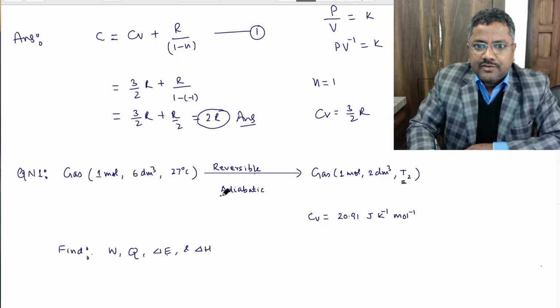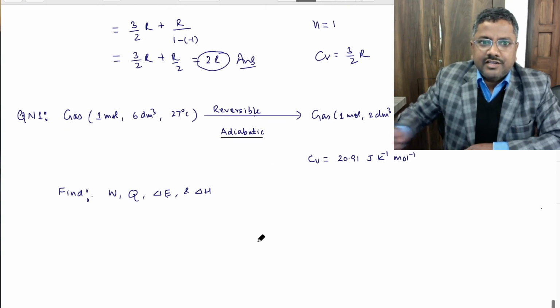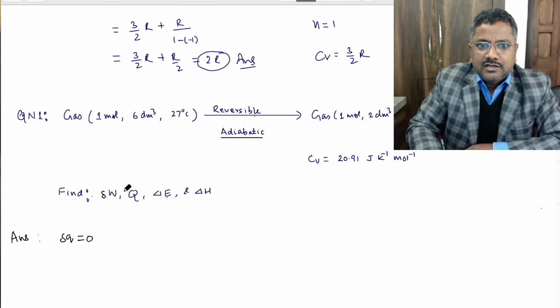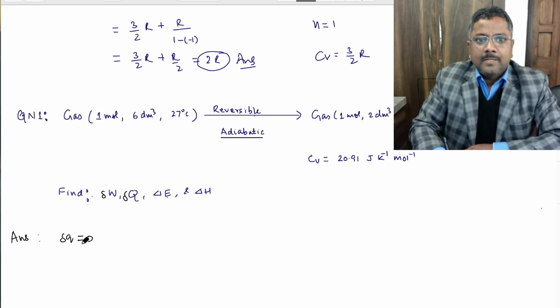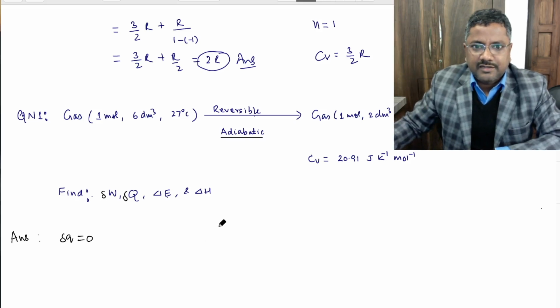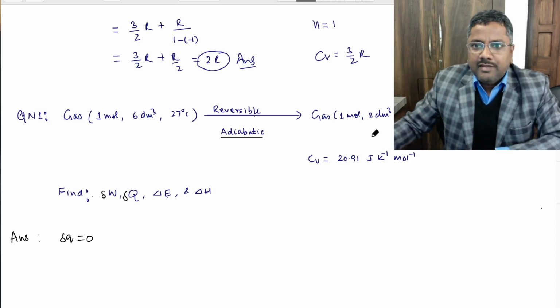So see, first point, the process is adiabatic. So the heat change delta Q is equal to 0. There is no heat change between system and surrounding. Now the main point is how to calculate this temperature.